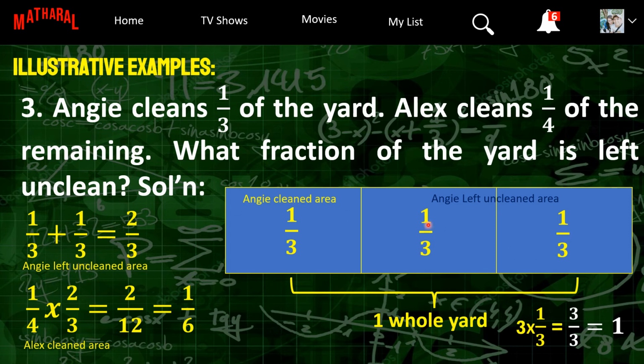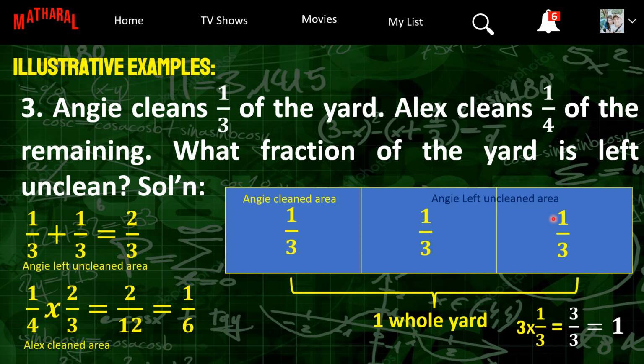So, kung isasum up natin itong uncleaned area ni Angie o yung natira ni Angie. Okay, so 1/3 plus 1/3 is equal to 2/3. So 2/3 is the Angie left uncleaned area.